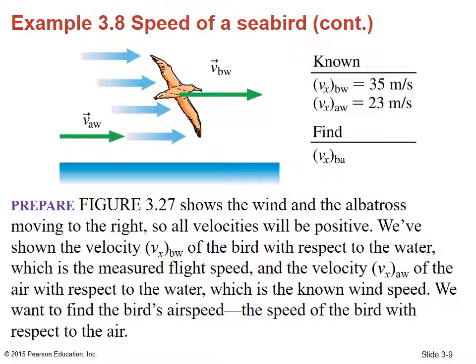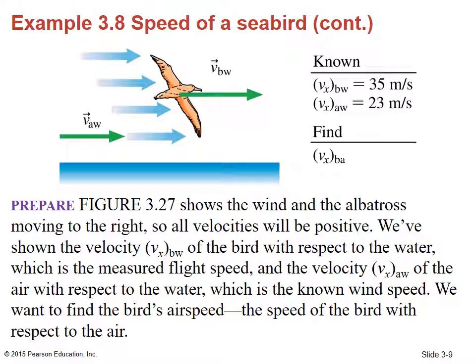The figure shows the wind and the albatross moving to the right, so all velocities will be positive. We've shown the velocity v sub x BW of the bird with respect to the water, which is the measured flight speed, and the velocity v sub x AW of the air with respect to the water, which is the known wind speed.